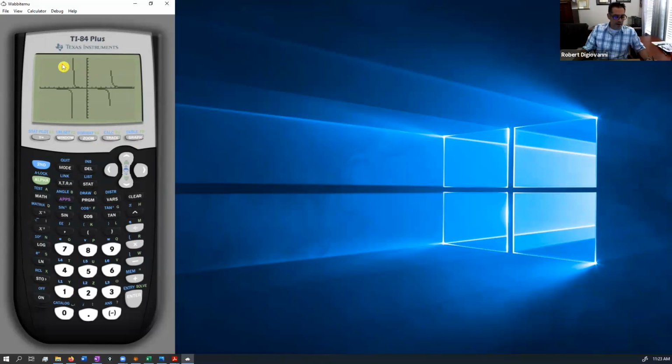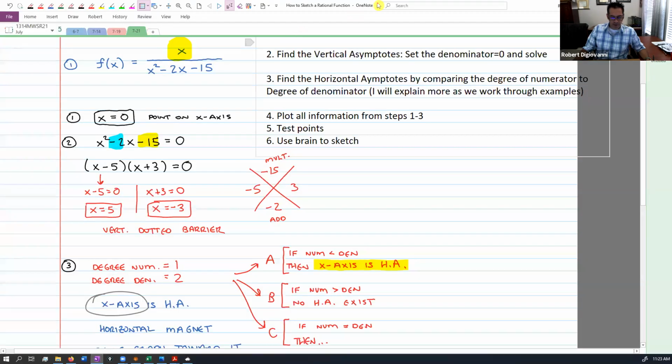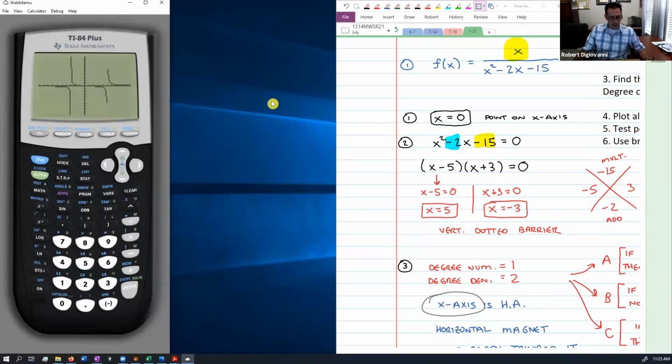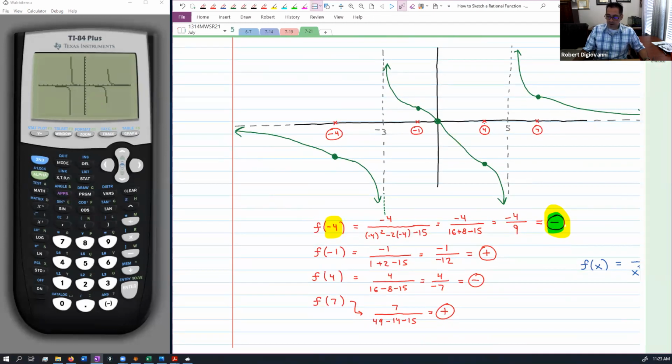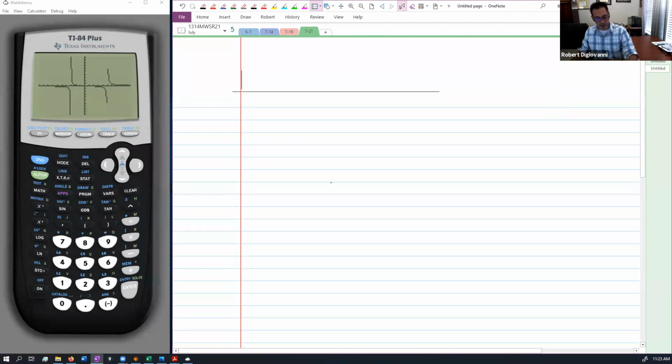Now, I've had students do this before. Can you all see that calculator? I have had students do this before because they have graphing calculators that they used in high school or something. And so they'll turn this in, like they'll just draw this picture.